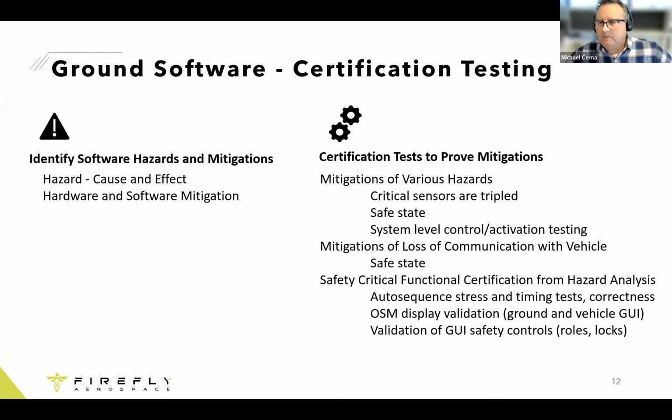And we have to test whether the part of the system that broadcasts to the OSM is broadcasting valid data so that they can make the correct safety calls. And then we have to validate that our GUIs are appropriately implementing the command authentication through roles and locks.